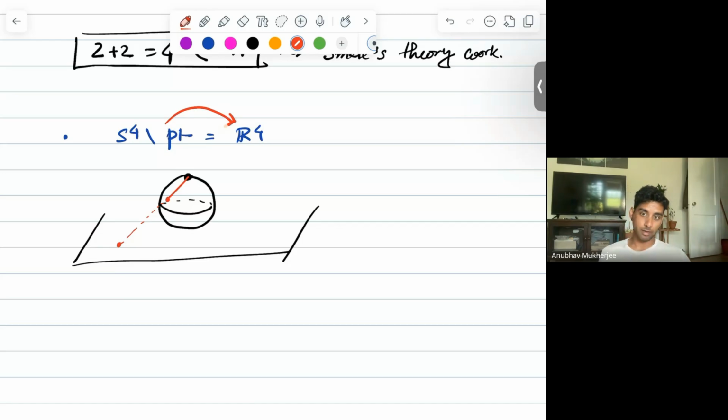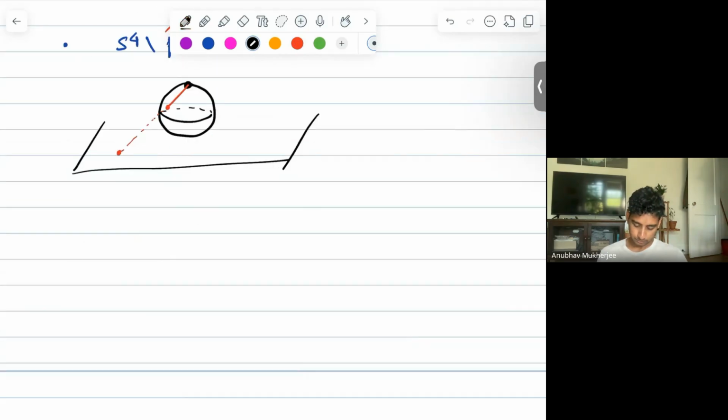And here is a very interesting theorem. Let's say Rn is n-dimensional Euclidean space, okay?